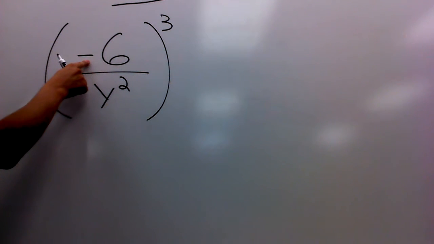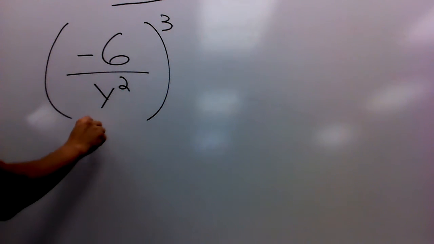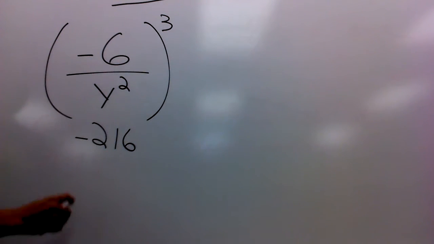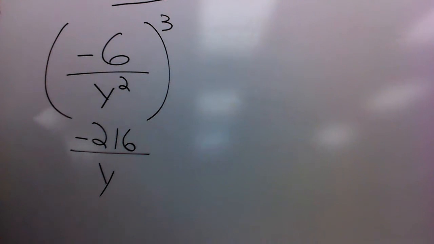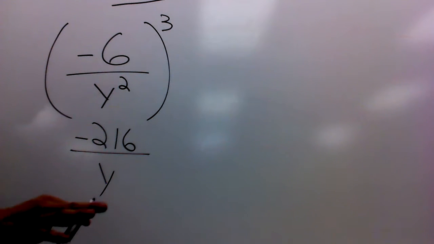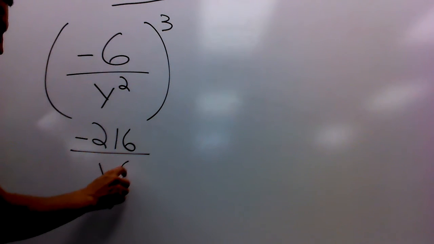So this is -6 times -6, which is positive 36, times -6 is -216. Y squared to the third is y, not to the 5th. We do not add, we multiply, to the 6th. -216 over y to the 6th.